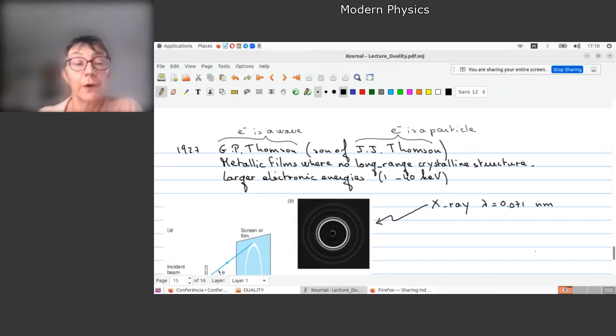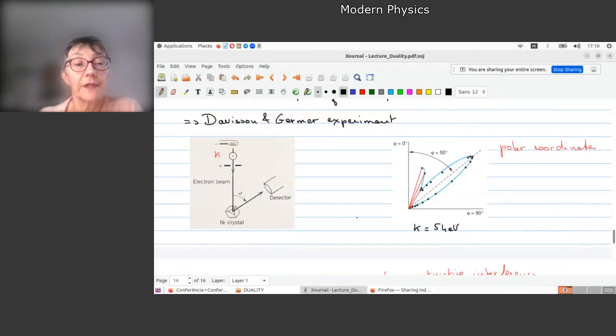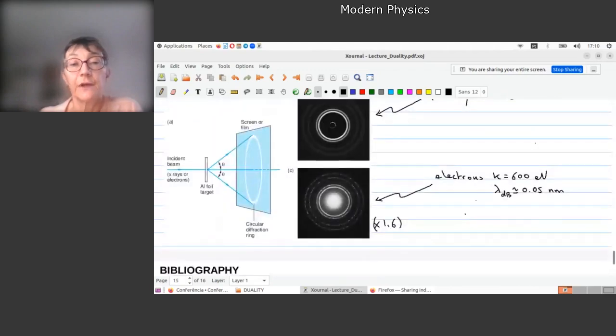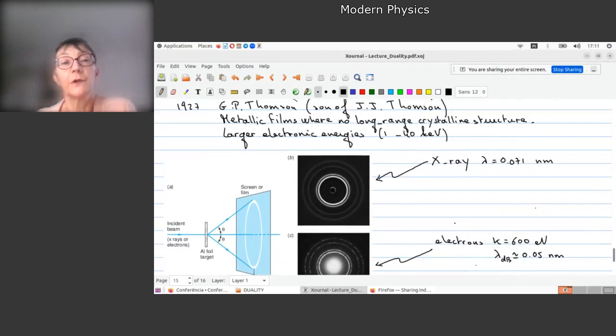And so he didn't use a crystal. Here you have a solid crystal of nickel, so he used a film. The film is as if you had a powder. In this film, you didn't have a very good crystal with long range crystalline structure.